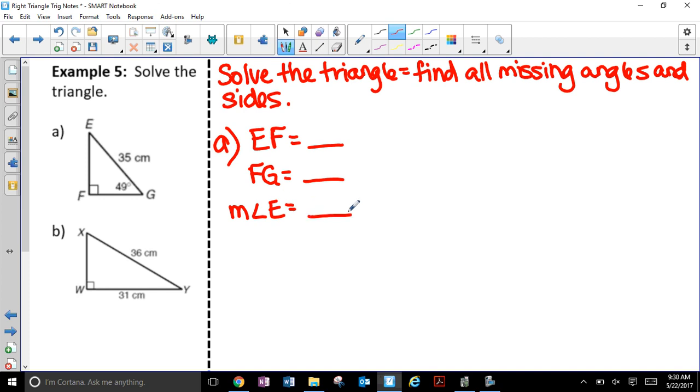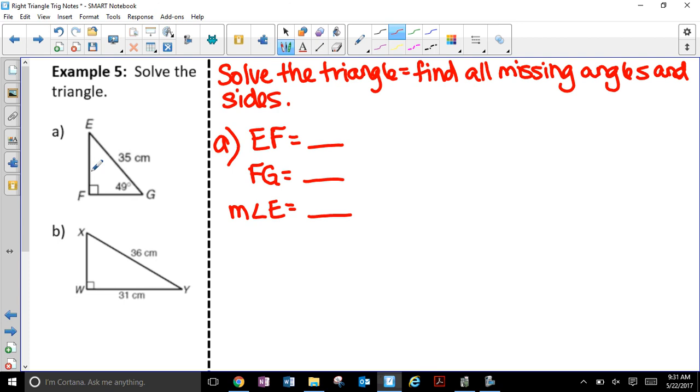Well, let's find the angle measure first, because what did you learn about the three angles in a right triangle? Or in any triangle, actually. What did you learn about the three angles in any triangle? They must equal 180.